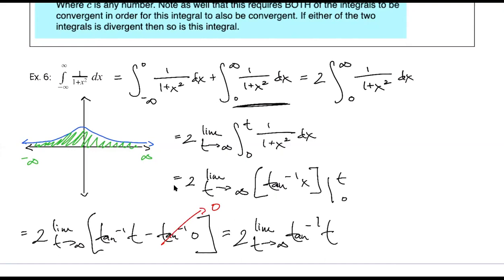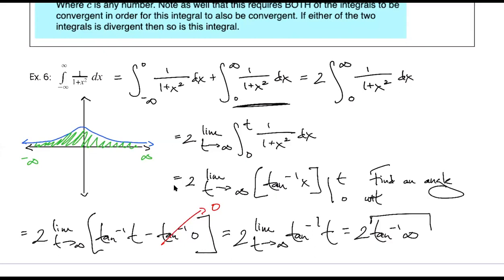Now, if we plug in infinity, I know that looks really weird, but let's unpack what this is asking. This is saying find an angle that has a y over x value equal to infinity on the unit circle.